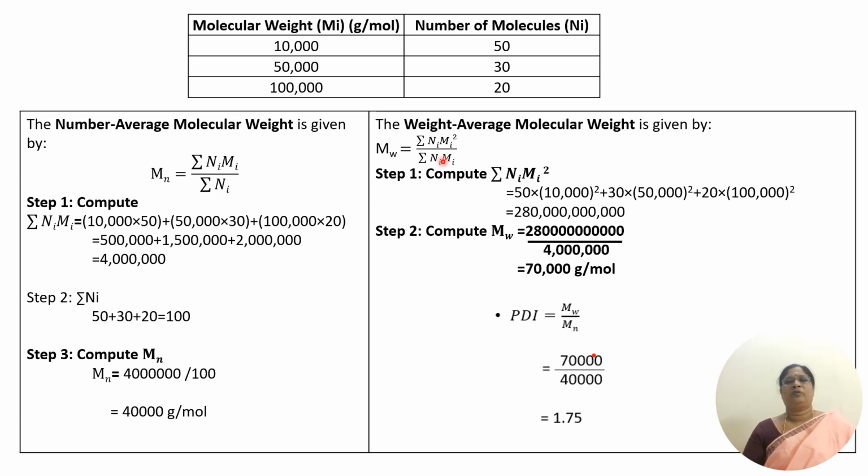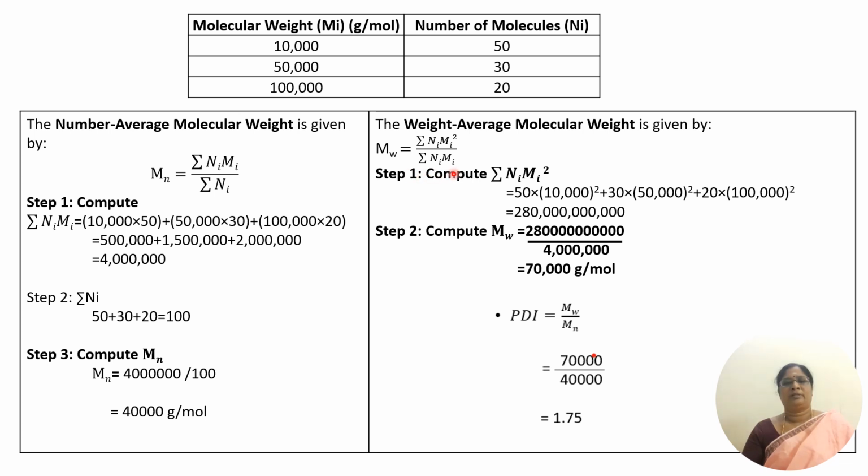Next, let us go for the weight average molecular weight. Weight average molecular weight is given by summation of NiMi square divided by summation of NiMi. First, let us go for the numerator, that is summation of NiMi square, that is 50 into 10,000 square plus 30 into 50,000 square plus 20 into 1 lakh square, and then compute the denominator.